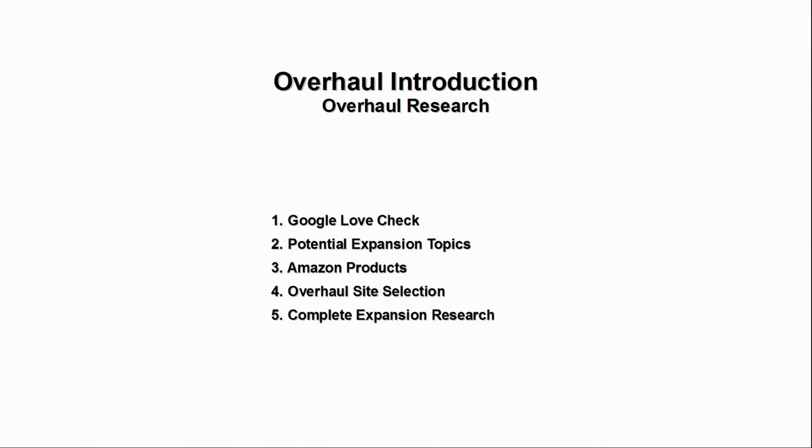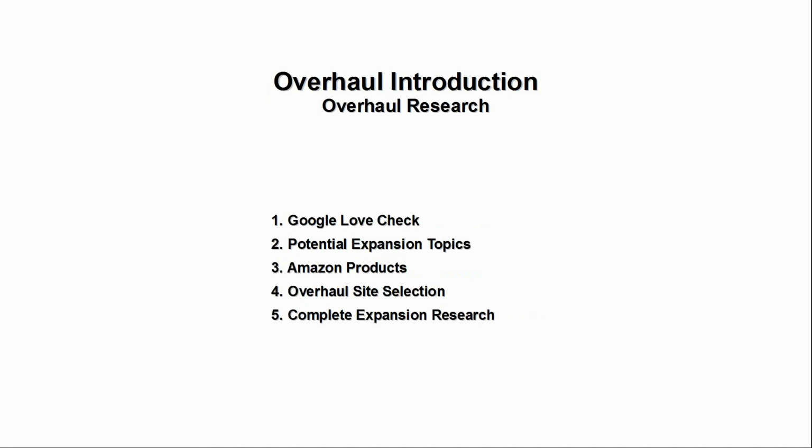Now, I want to talk for a few minutes about what you can expect in the Azon Overhaul series as far as what I'm going to be teaching you and the actual work that is involved with doing an overhaul on a website. This is really a two-part approach, as are pretty much all of my Amazon sites that I build.